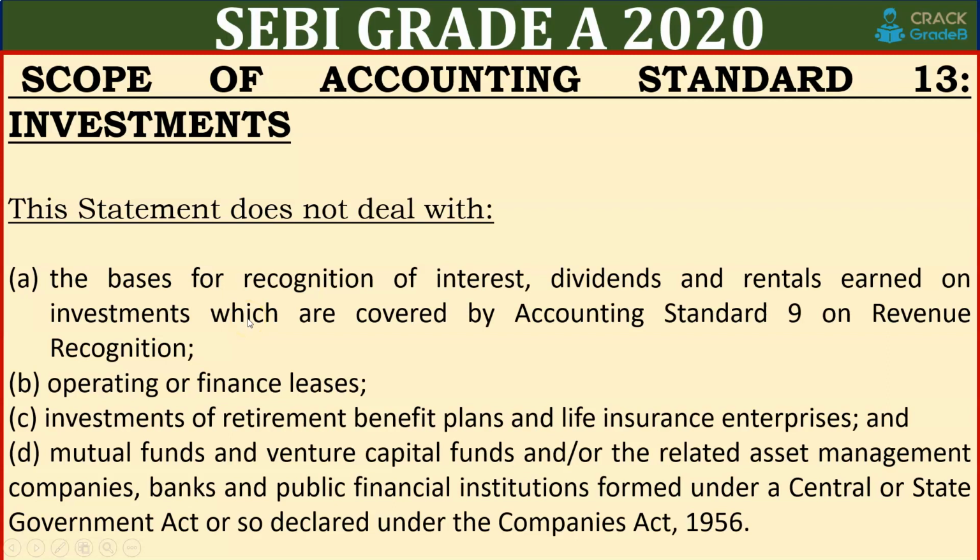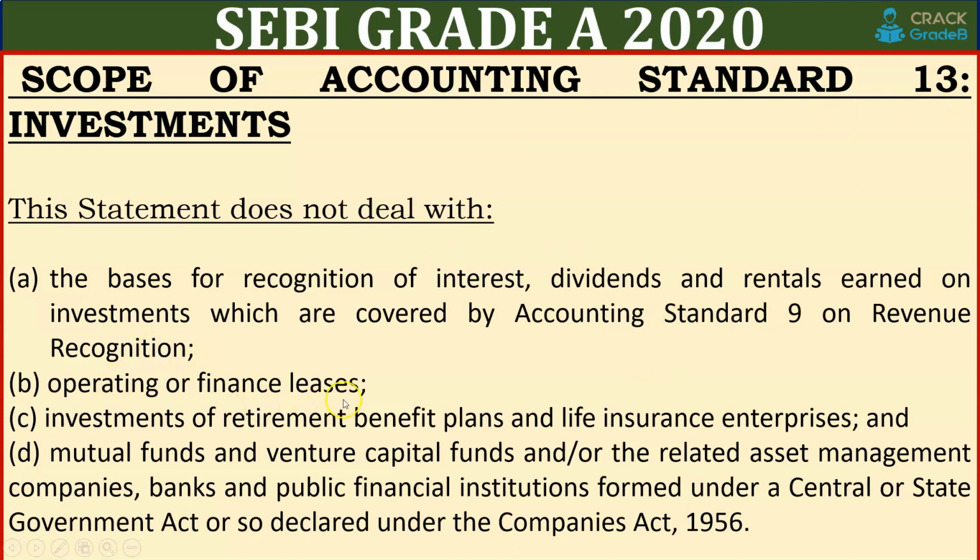Here they say that accounting standard 13 will deal with the treatment of recognizing the investments, but the income that the investments generate will not be dealt with in this accounting standard. Three types of incomes are generated, that is interest, dividends and rentals. This is already specified in accounting standard 9, revenue recognition. The revenue produced by these investments will not be dealt with in accounting standard 13. They are covered in accounting standard 9.